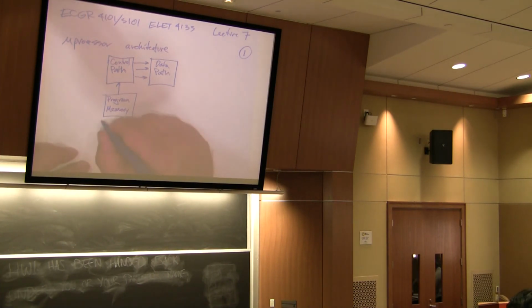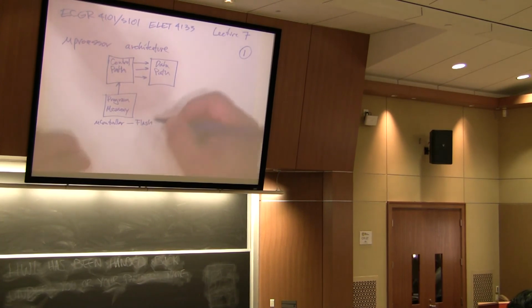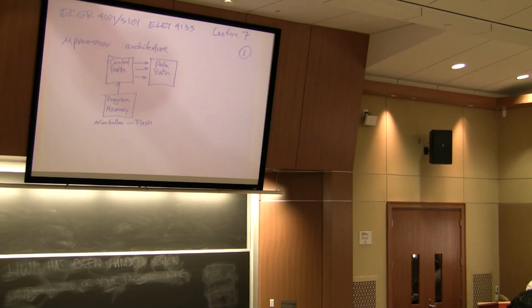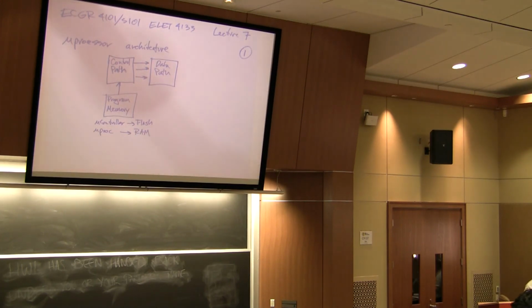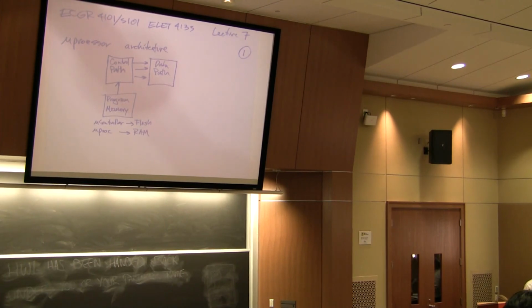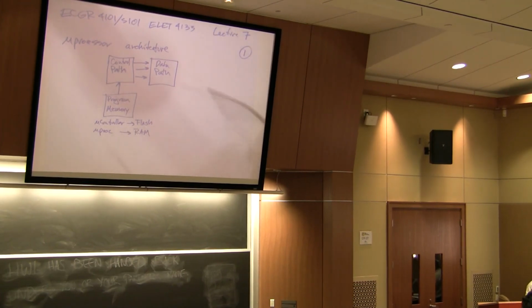Now what you'll see here is in a microcontroller, this will mostly be flash or some other type of semi-permanent memory. And in a regular microprocessor environment like a PC, you'll mostly see this in RAM. Because there's a hierarchy of memory for the program that could come from disk, for example, and then get loaded into RAM and then run.